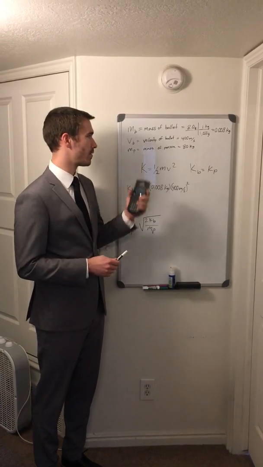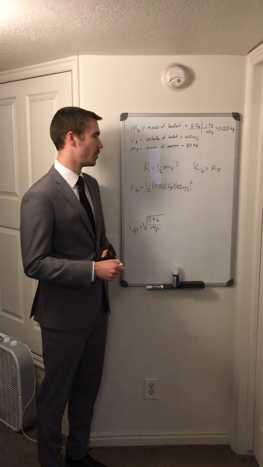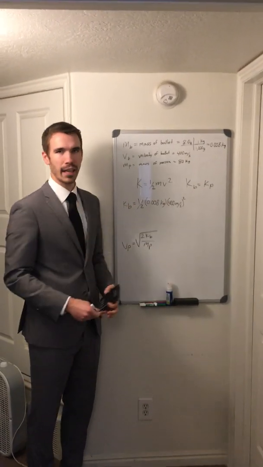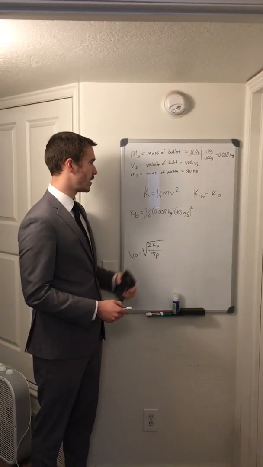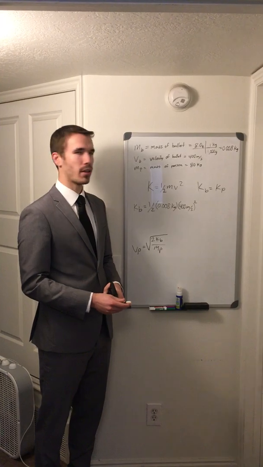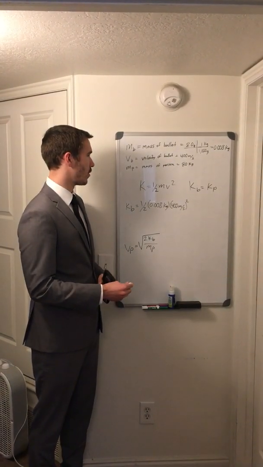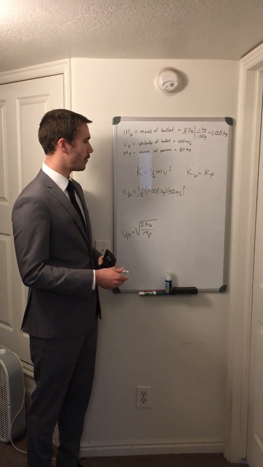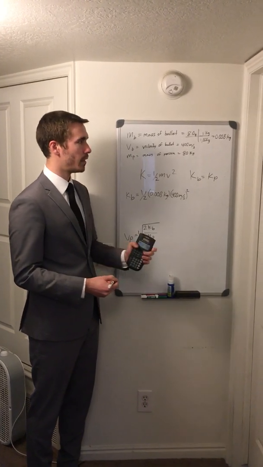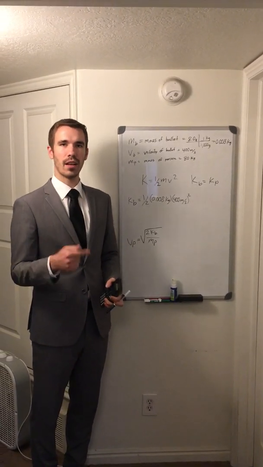Now once we have all this information, all we need to do is use the formula for kinetic energy, which says kinetic energy equals 1/2 the mass times velocity squared. We can do it for the bullet since we're provided both the mass and the velocity.